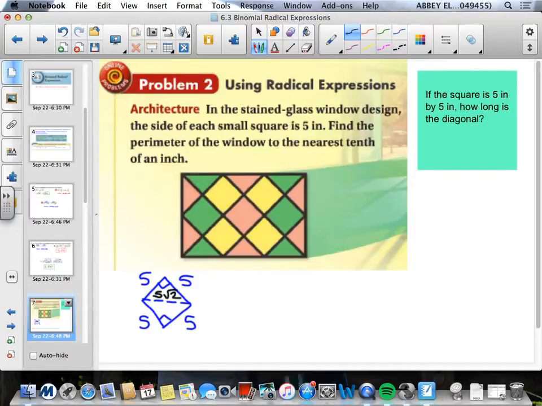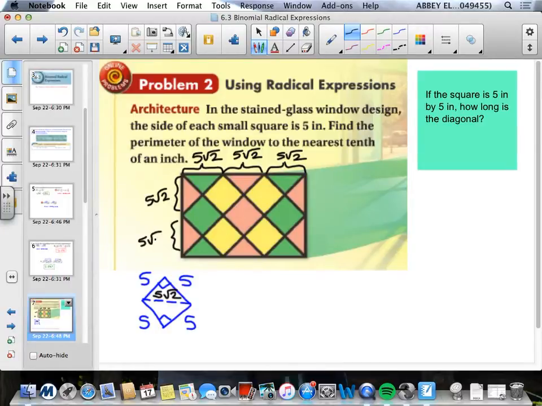So that means this distance up here is 5 square roots of 2. This right here is another 5 square roots of 2. This is another 5 square roots of 2. And I also have that on the sides. So every length that I see here is 5 square roots of 2.